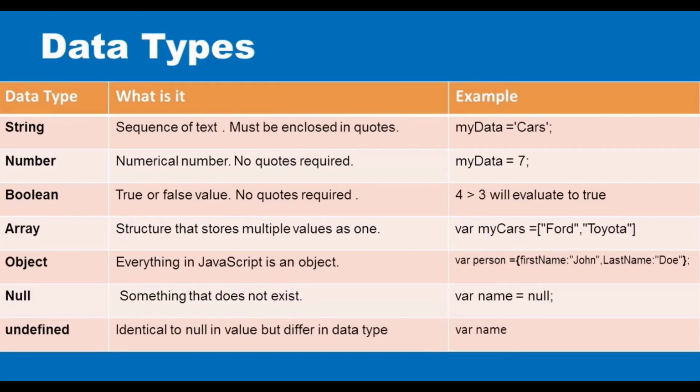The next data type I want to mention is the number data type. Basically, it refers to any numerical value, and it does not need to have quotes around its value. Let me illustrate by creating a simple variable that will store a number data type.